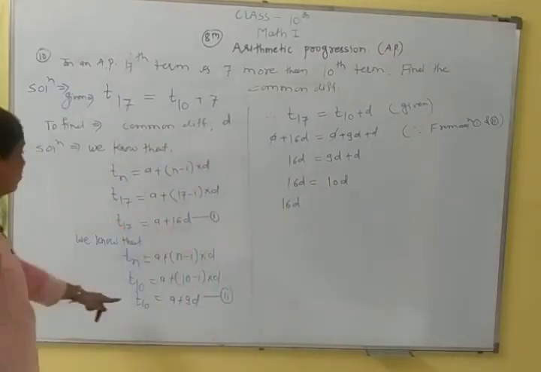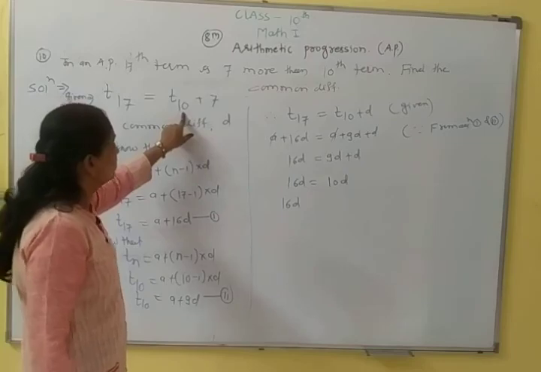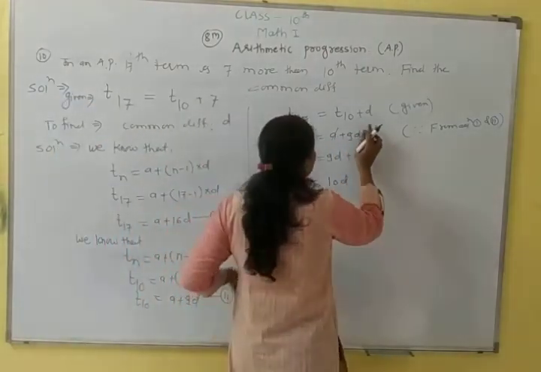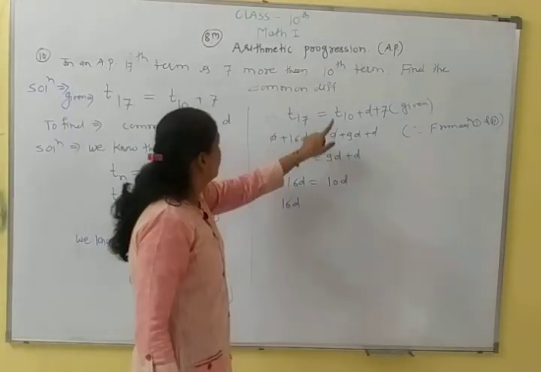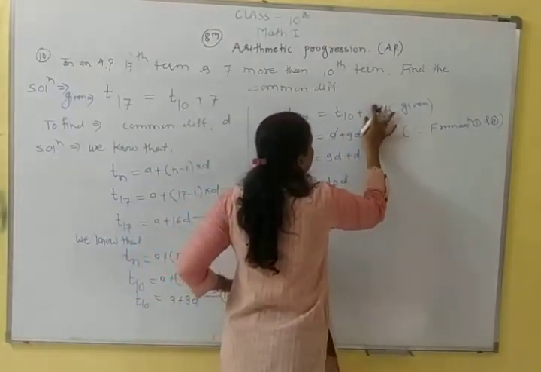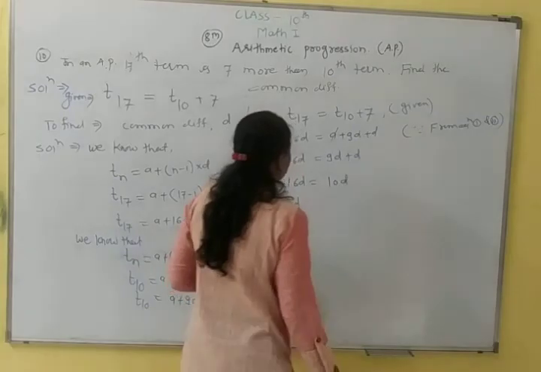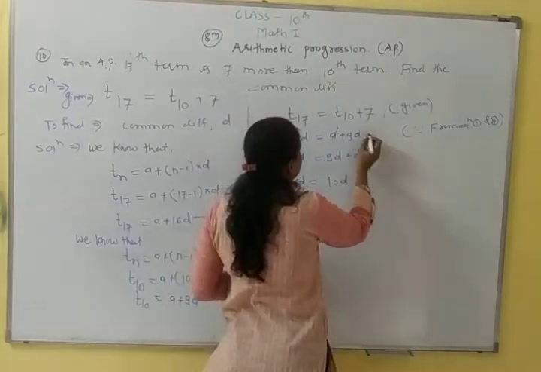One minute. T17 equal to T10 plus 7, sorry, T10 plus 7, which is A plus 9D plus 7.